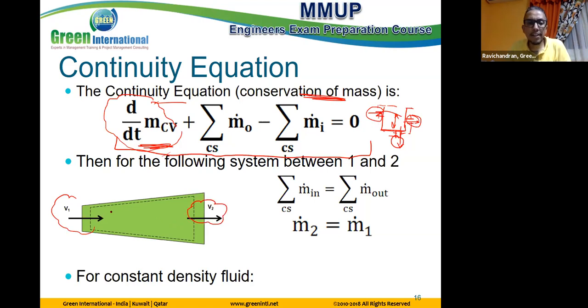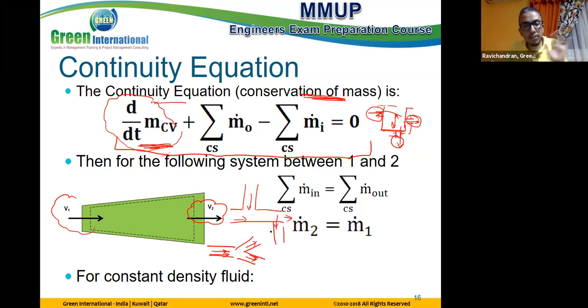We don't have anything inside. Anything going into the pipe comes from outside. In a pipe network, flow may come in here and go out this way and this way, one input to output, and so on.